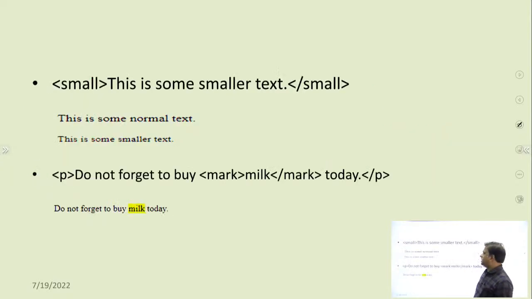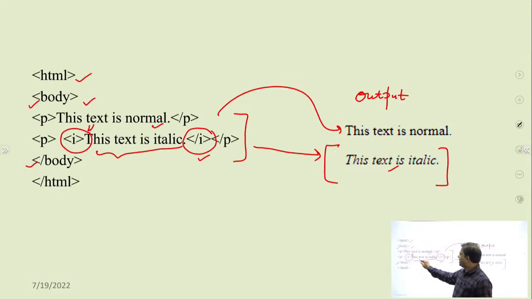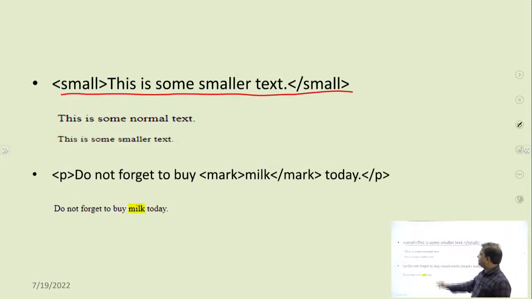Next is small. So what is this? Again I will write this line is small between the body tags, right. What will be the effect? This is some normal text and this is some smaller text.